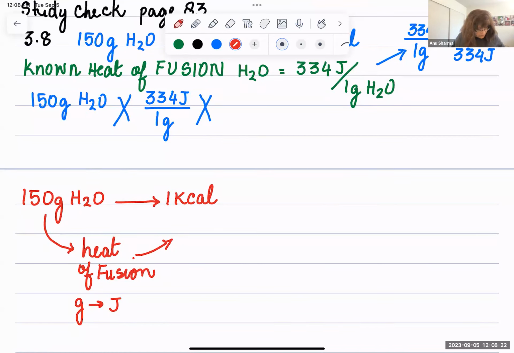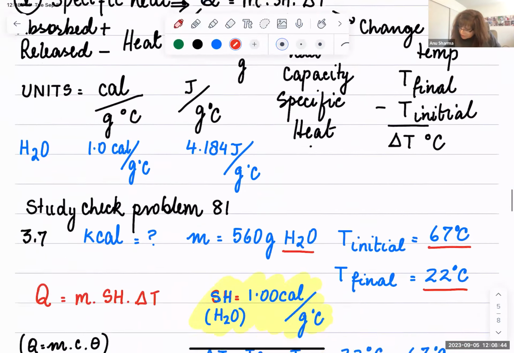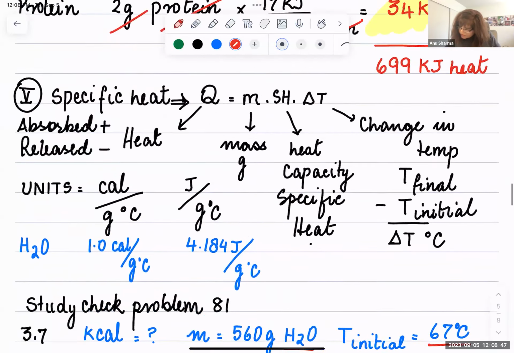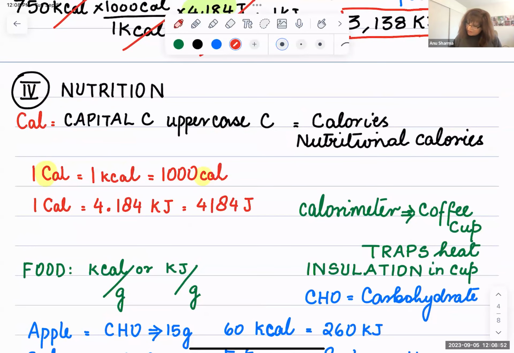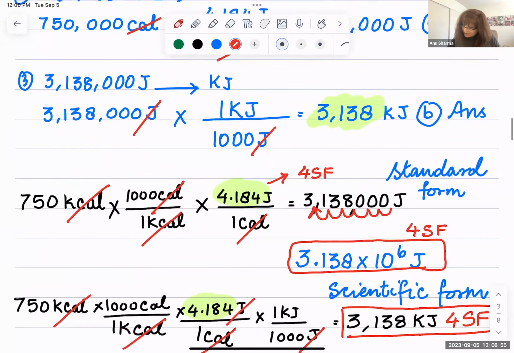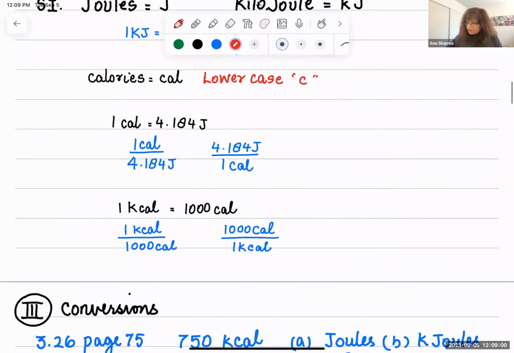That relationship is already known: 1 calorie is 4.184 joules.